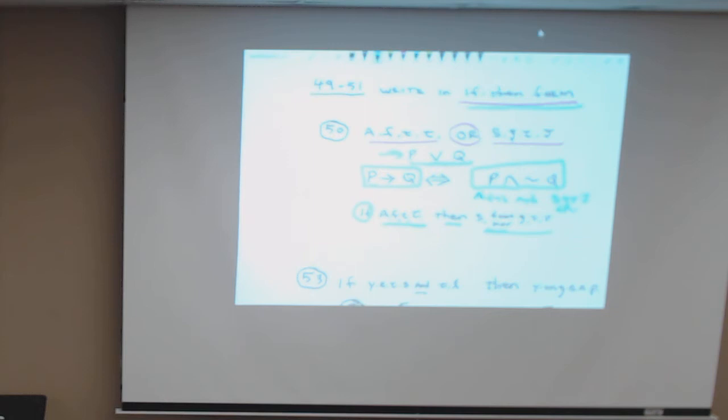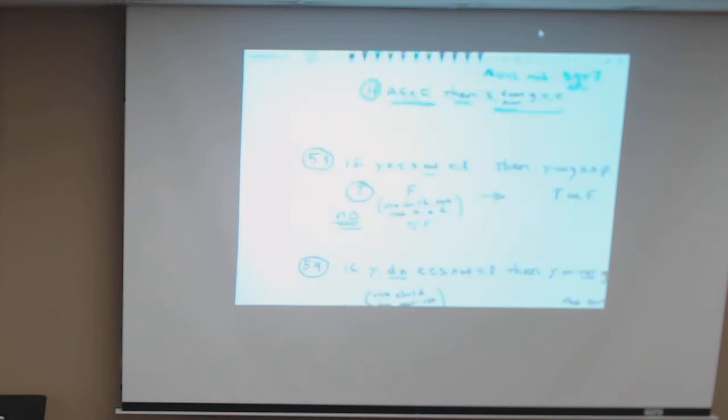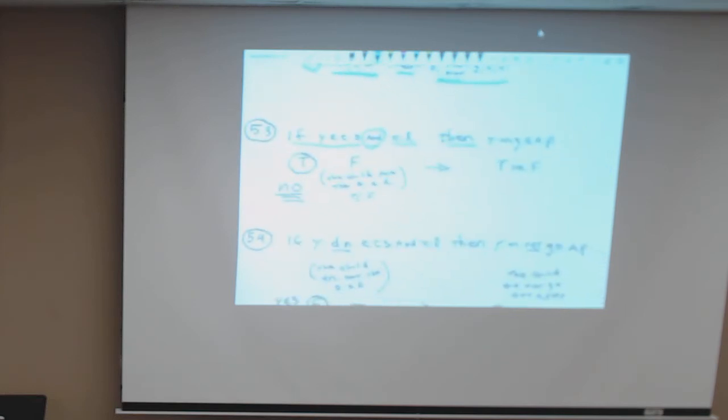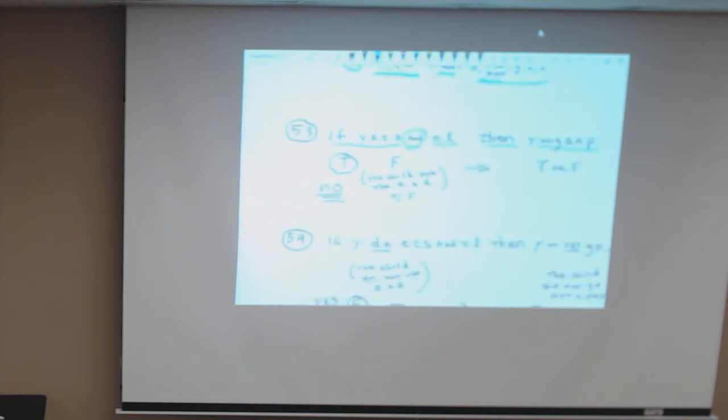Number 53. What's 53 say? If a mother promises her child, if you eat the spinach and the liver, then you may go out to play. For 53, did the child eat the spinach? Yes.